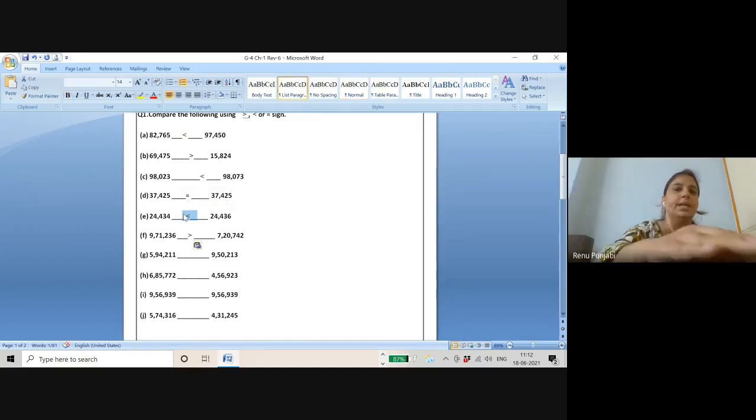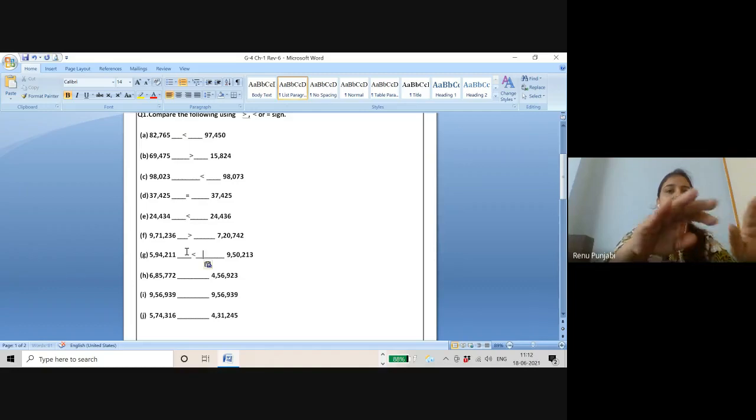When you read this number, children, don't get confused that ma'am is sometimes saying lesser, sometimes greater. 5,94,211 is less than, this is the lesser sign, is less than 9,50,213. When this is less than, automatically this becomes greater.